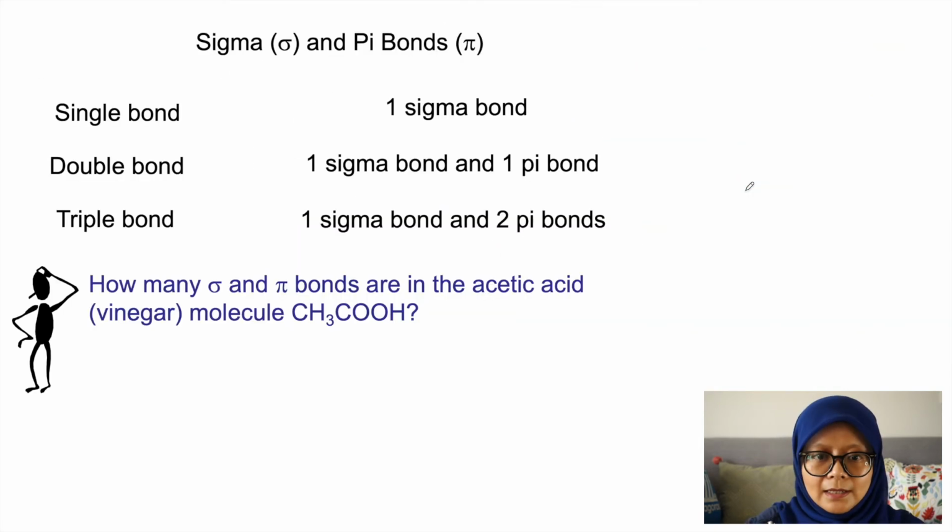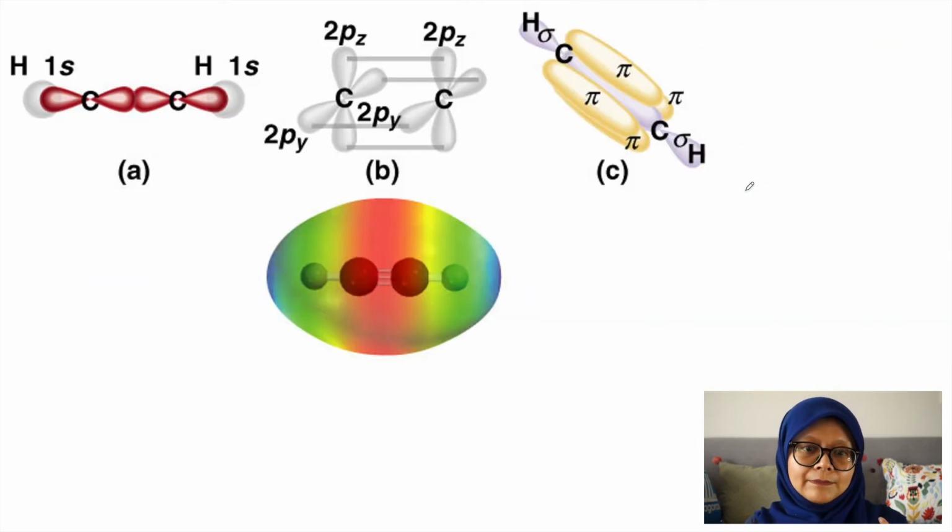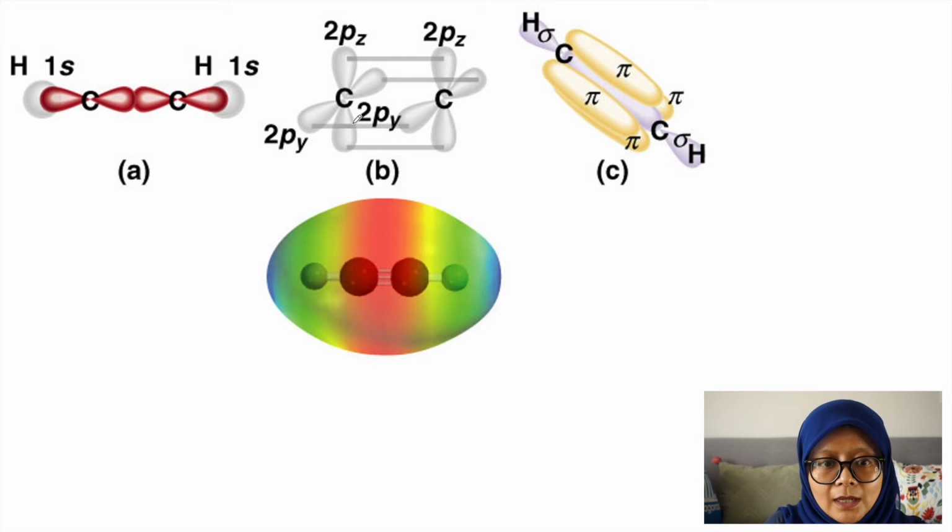So these are examples of what happens if we have the C triple bond C. Here, this is the formation of the sigma bond, while this one is the formation of one pair of overlapping side to side from pz to pz. This will give us 1 pi bond, while the overlapping side to side between the 2py and 2py will give us another 1 pi bond.